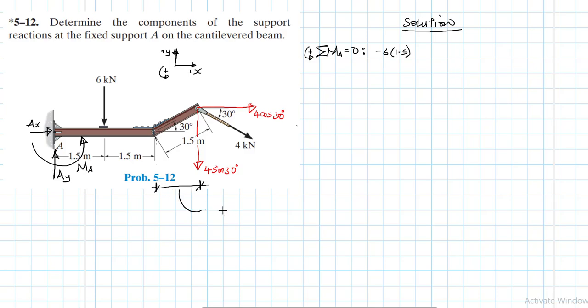So this one is going to be equal to the length of this bent member, which is 1.5 meters. So this is going to be equal to 1.5 cos 30, 30 degrees.